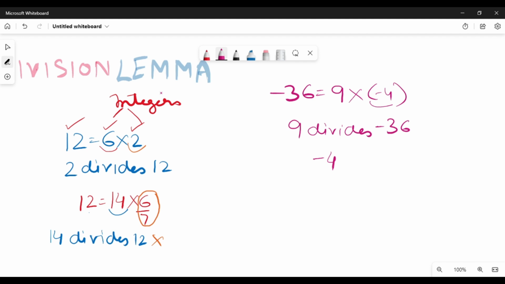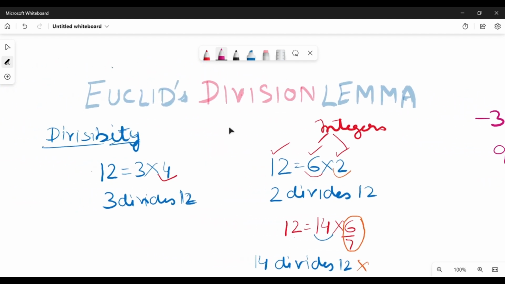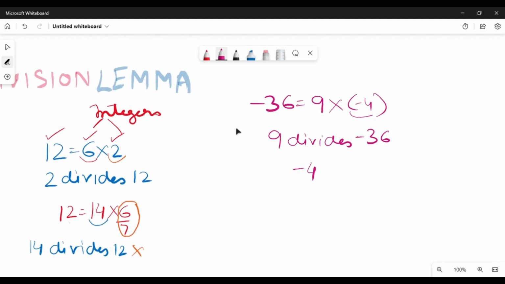Now, what did we start with? Divisibility. Let me clarify the definition of divisibility, which will be used to define Euclid's division lemma.